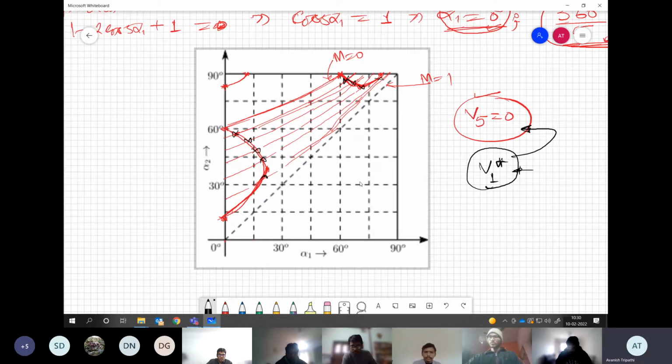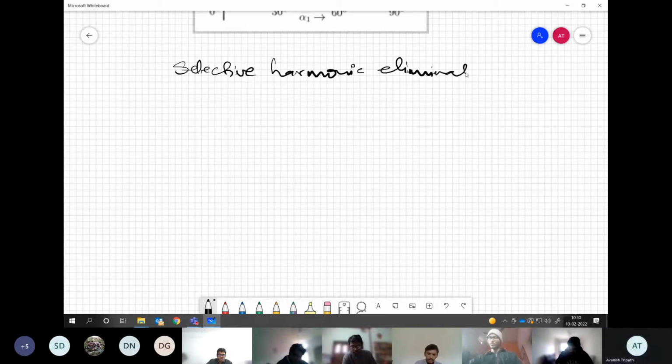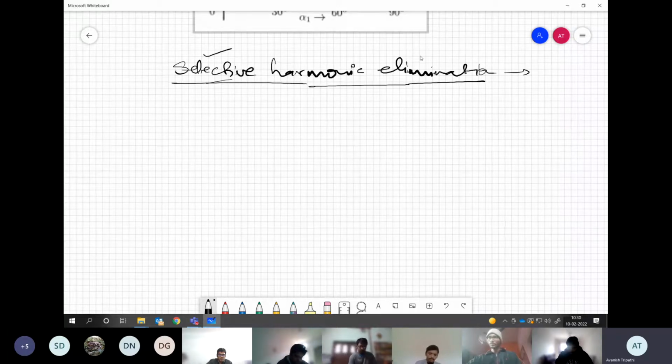This is basically what we know as the popular PWM technique, which is called selective harmonic elimination. As the name is also clear, selectively you are eliminating a particular harmonic. But there are conditions.